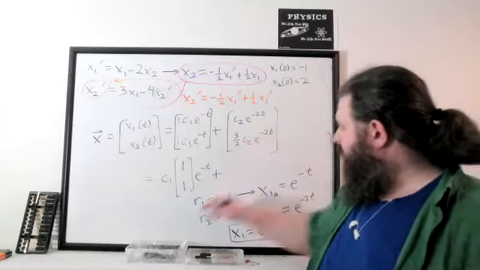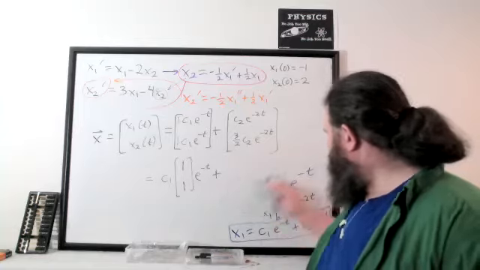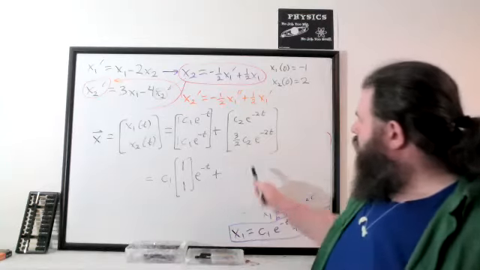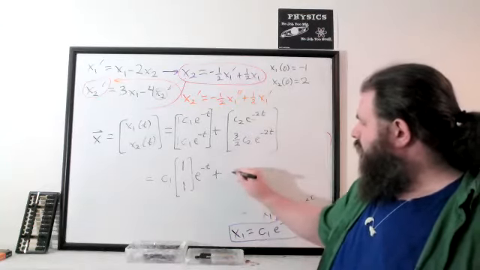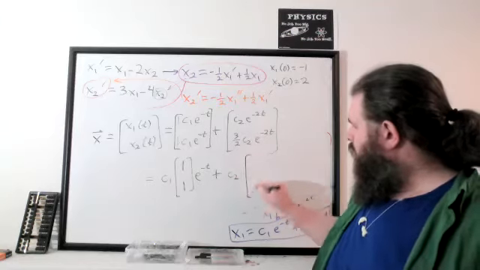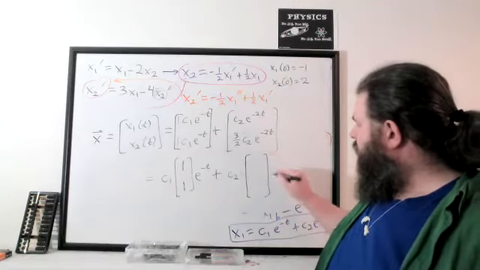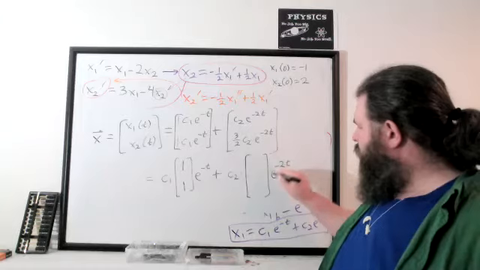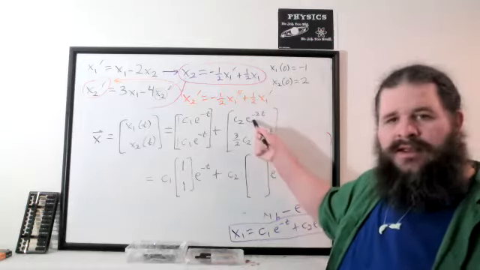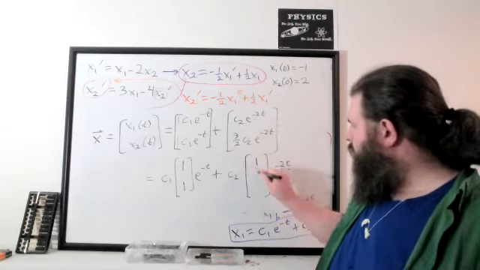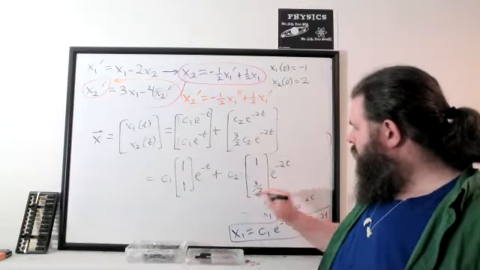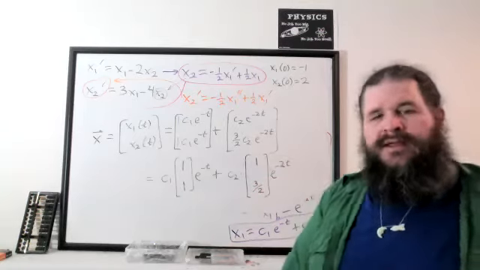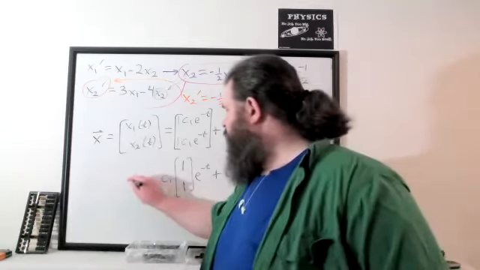Plus, then we can do the same thing here. If we factor out the c2 and factor out the e to the negative 2t, we're left with just 1 and 3/2. So we can use this as our general solution.